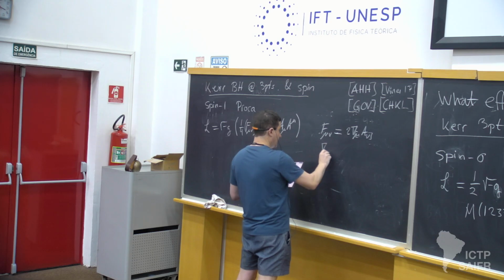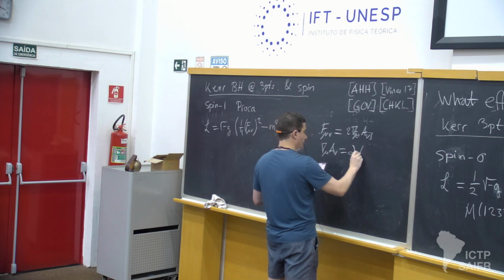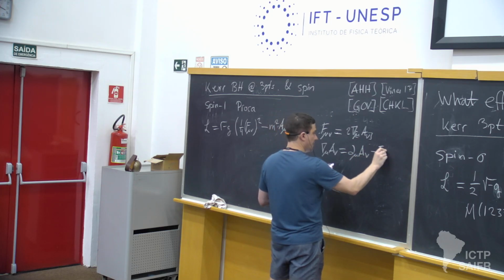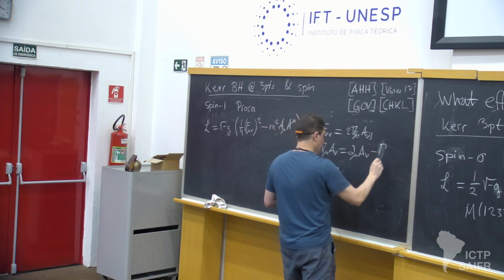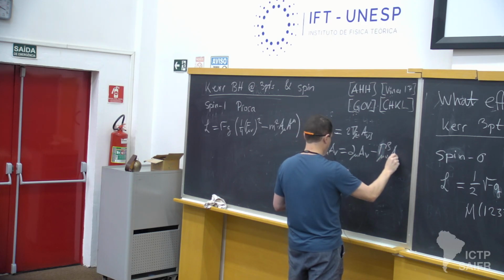And the covariant derivative is minus gamma mu nu rho A rho.